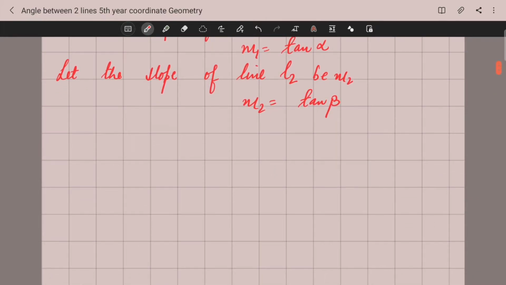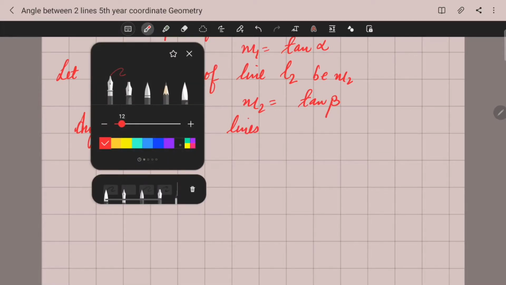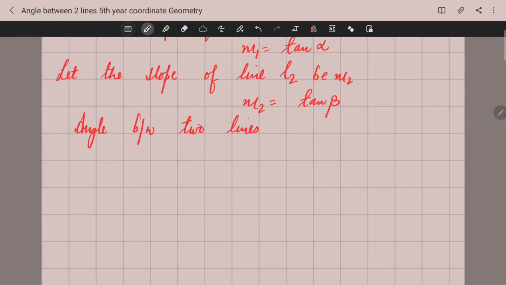Now we have angle between two lines, that is theta is equal to alpha minus beta. And now we are taking tan to both sides.